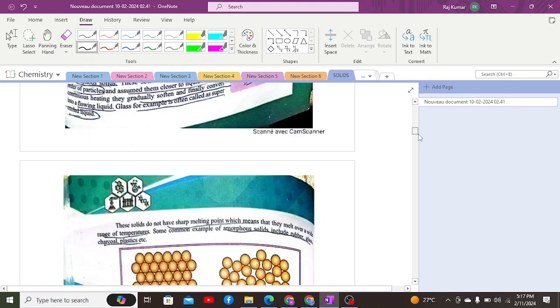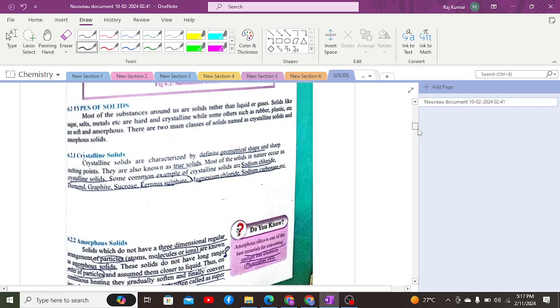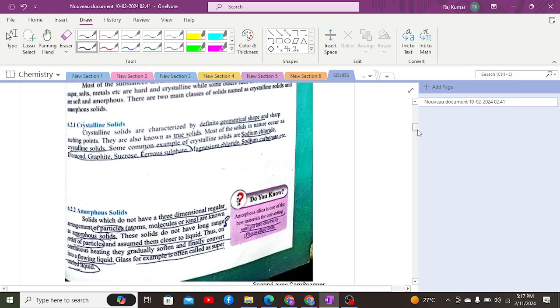When it comes to types of solids, first we have a primary division of solids into two types. The first includes crystalline solids, which are known as true solids, and the second type is amorphous solids, which are known as pseudo solids. Pseudo solids, false solids, have solid-like characteristics, but in actuality they do not have the necessary three-dimensional regular geometrical arrangement which can classify them as solids.